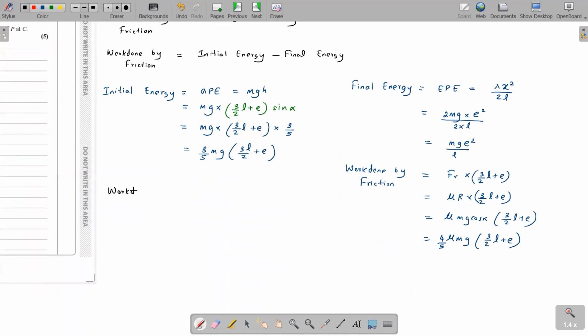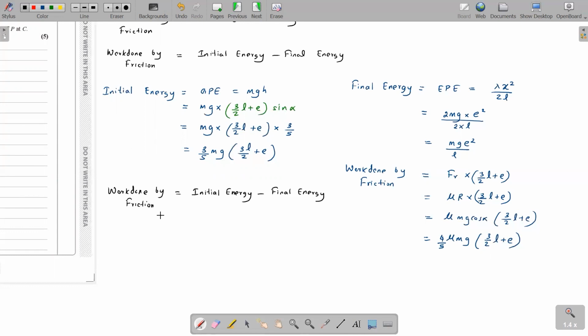Work done by friction is equal to the initial energy minus the final energy.